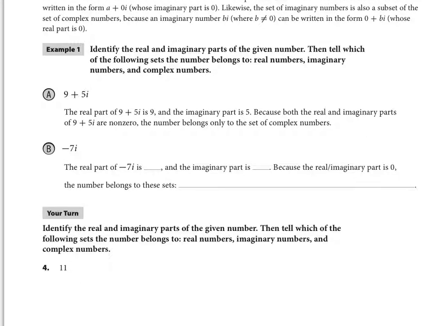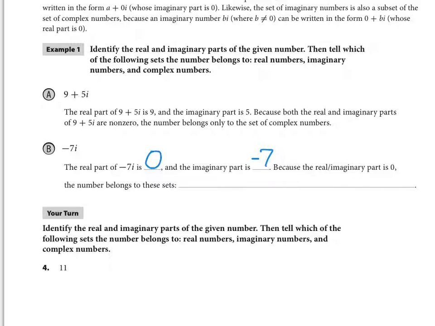Under example 1, letter A, 9 is the real part and 5 is the imaginary part. And this number belongs to the set of complex numbers. Looking at part B, -7i, the real part of -7i is 0 because it doesn't exist. And the imaginary part is -7.